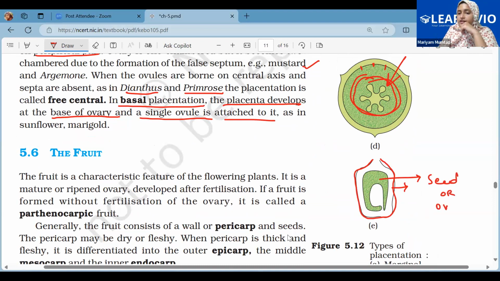Okay, so it is present towards the base of the ovary, so that is why we're calling this kind of placentation or the arrangement of ovule as basal. Clear? Yes, ma'am.